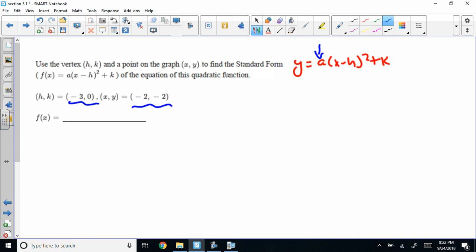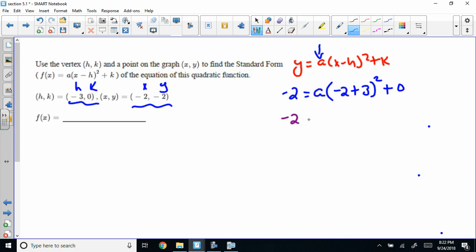I'm going to plug it in, right? So here's my x and my y, and there's my h and my k. So -2 equals a times (3 squared). Minus minus becomes plus, right? 3 squared, and the k is plus 0.